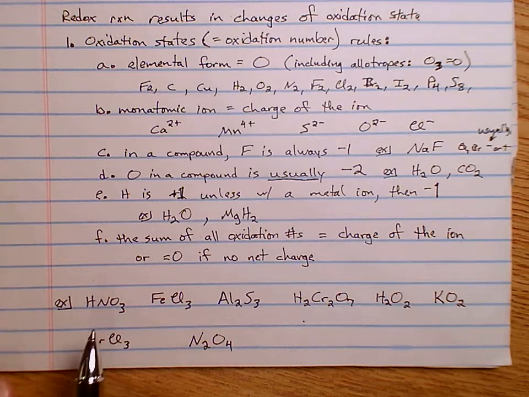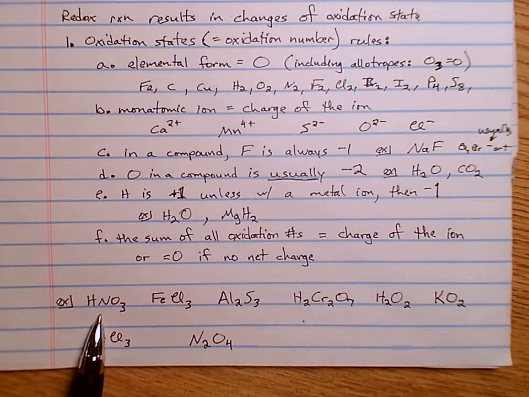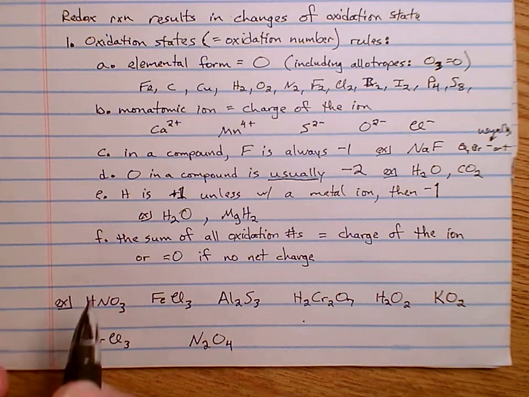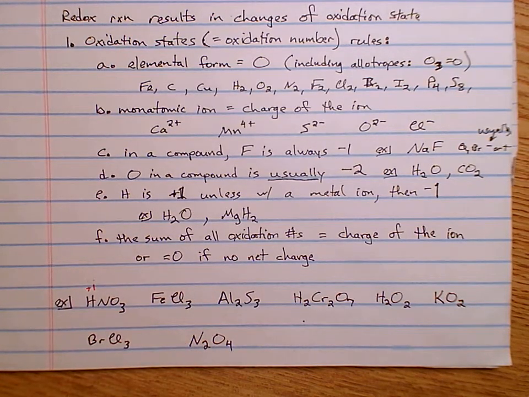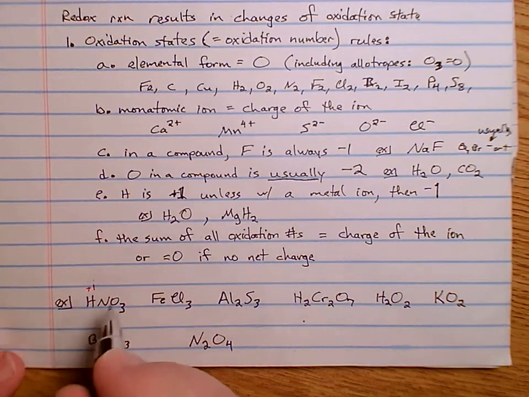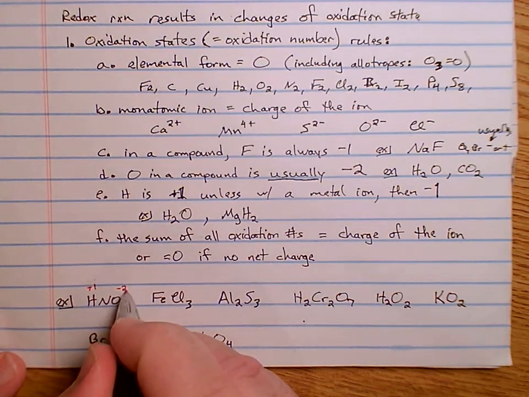If we start with the first one, we've got HNO3. Is there anything we know? Well, we don't have any rules for nitrogen, so let's put that guy off. Hydrogen, well, we know hydrogen is usually +1, so I'm going to assume hydrogen is +1. That's just my assumption right at the beginning. Oxygen, well, our rule for oxygen is usually -2, so not knowing anything else, let's just assume that the oxygens are -2.